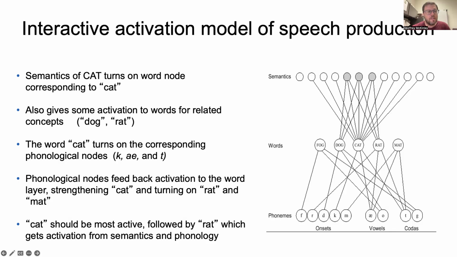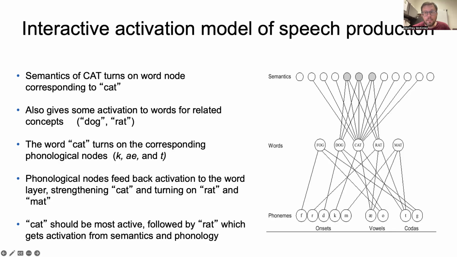And so, if we're trying to model how the mind works by using a neural network such as this, well, this makes a very specific prediction, which is that if I showed participants a picture of a cat, they're most likely to say cat, right?